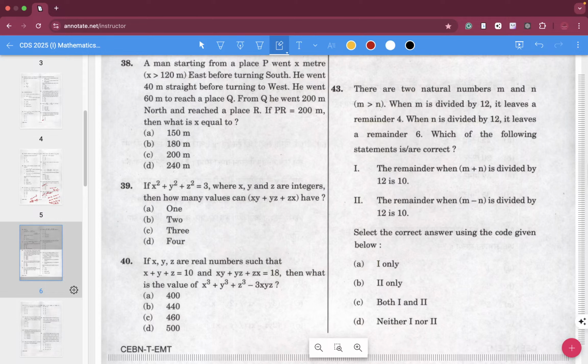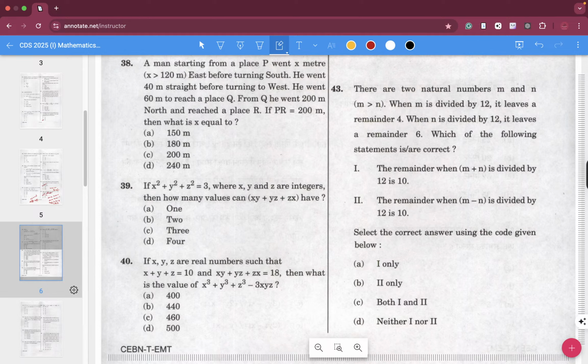Question number 39 says, a man starting from a place P went x meters, x is more than 120. Let me write it over here.